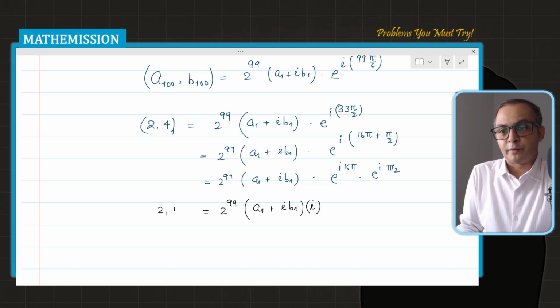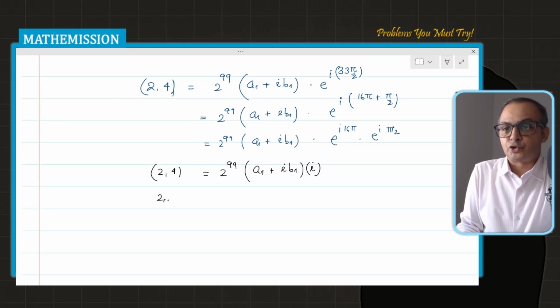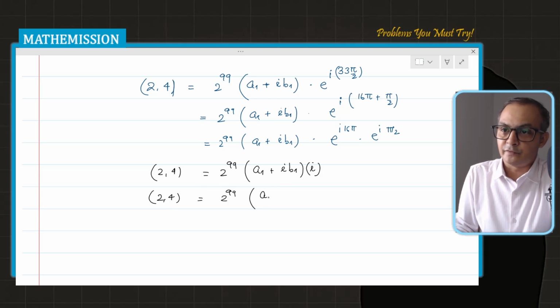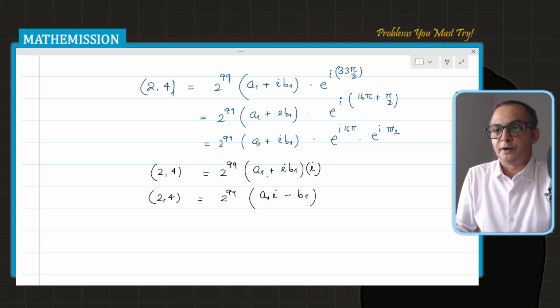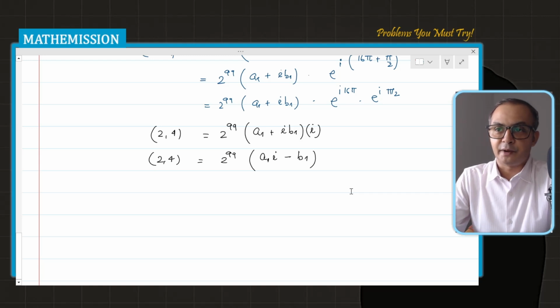Now I have 2 comma 4 on the left, and this is 2 comma 4 or 2 plus 4i, doesn't matter. Just for the sake of convenience, I'm writing like this, and minus B1 if you multiply i. You can now compare the real and imaginary parts on both sides to get A1 and B1.